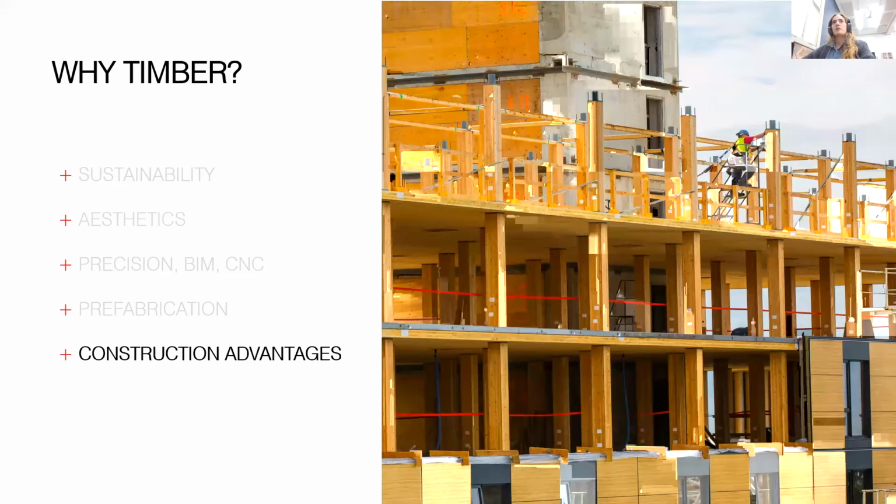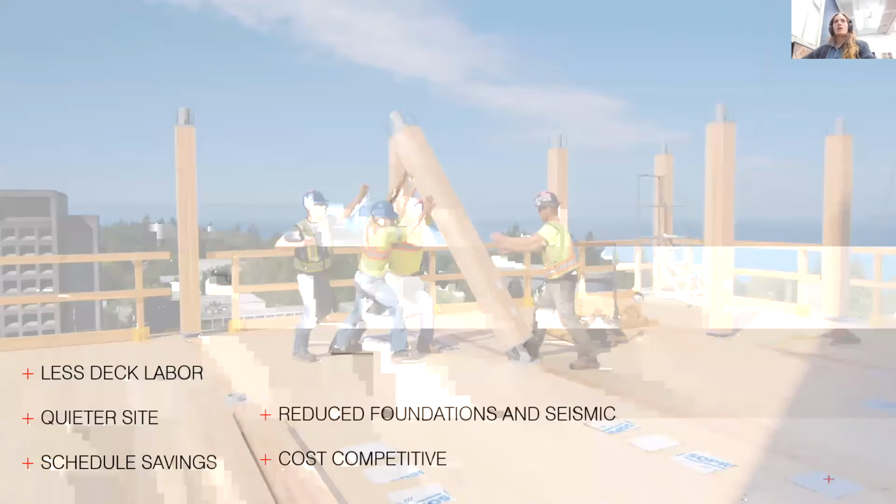And then last but not least, construction advantages. Most people don't know much about construction of mass timber buildings because it's a newer technology, but mass timber buildings, when compared to steel or concrete buildings, have less deck labor.